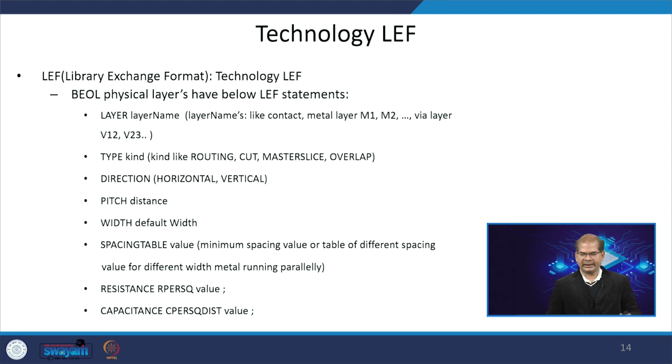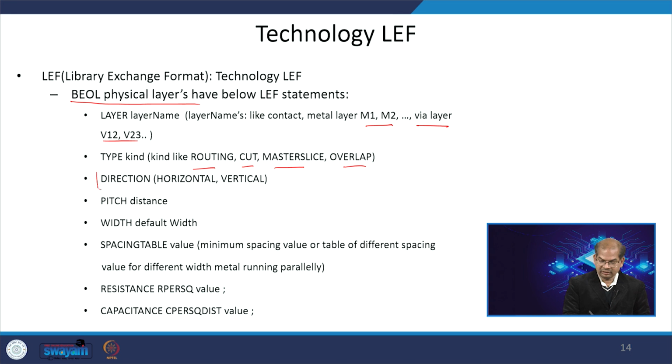Then we have a technology LEF file, which has much more information. The metal layers information is there: metal 1, metal 2, via layer. It has routing, cut, master slice and overlap information.